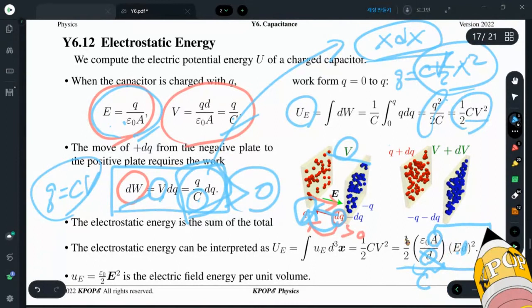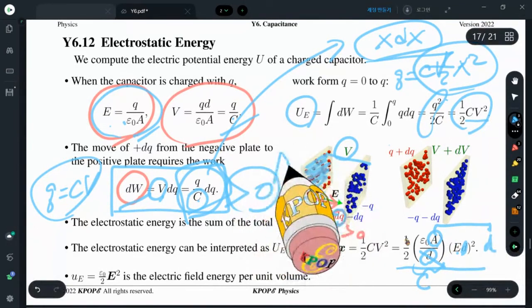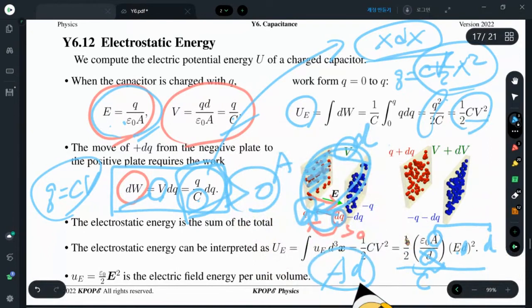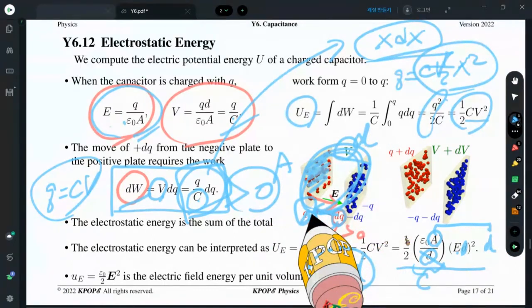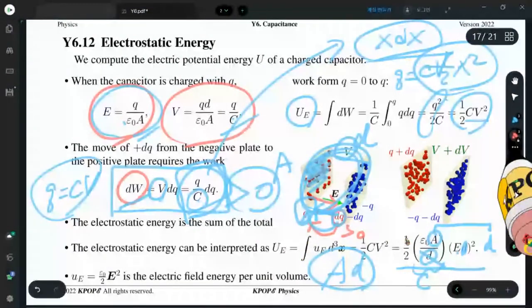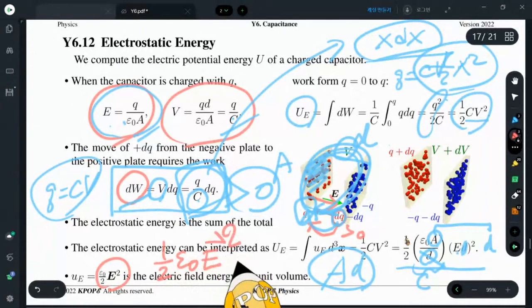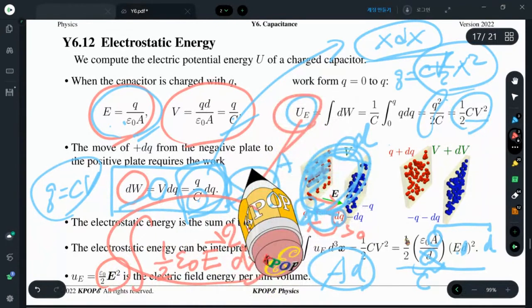What's A times d? This is the area A. This is the distance d. What's that? A times d is the volume inside the parallel plate capacitor. Now you understand this: 1/2 epsilon 0 electric field squared multiplied by volume, integrated over volume, is identical to the electrostatic potential energy.